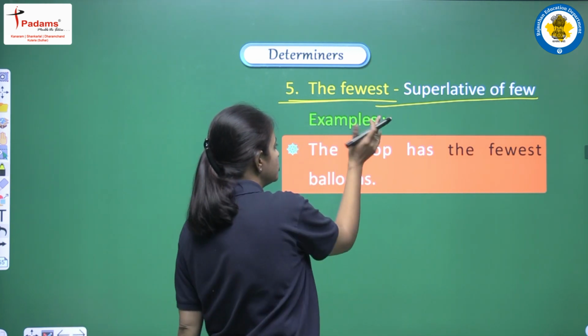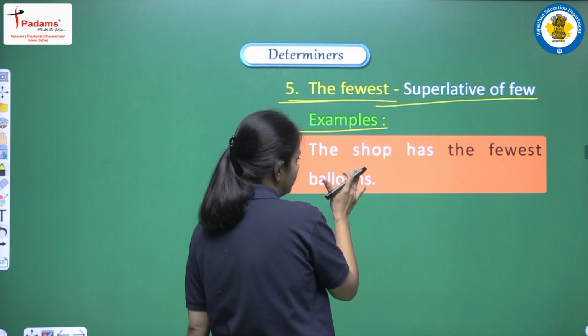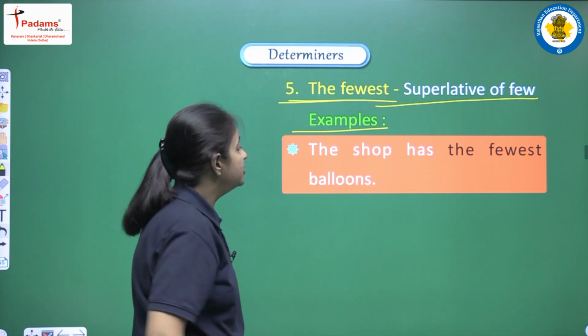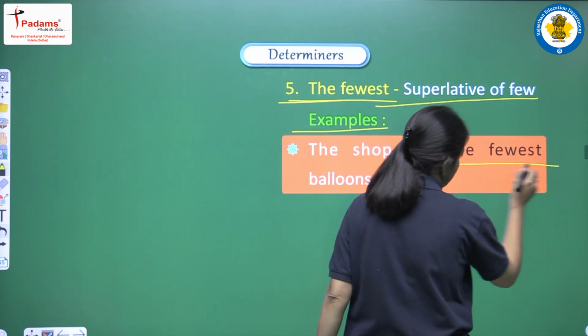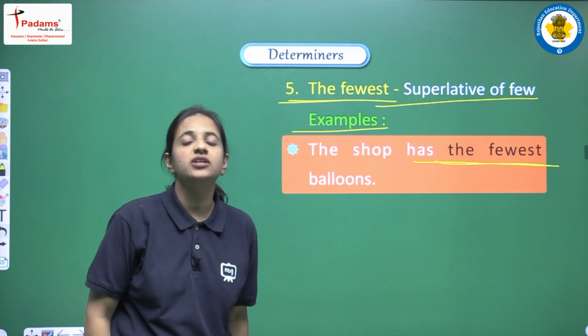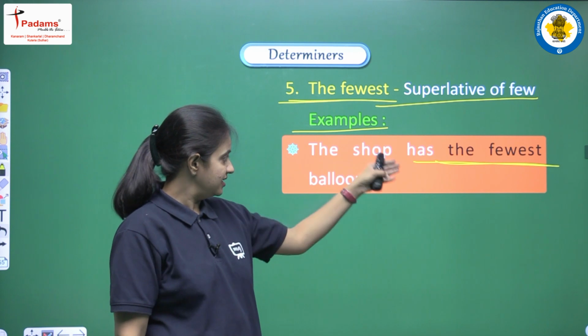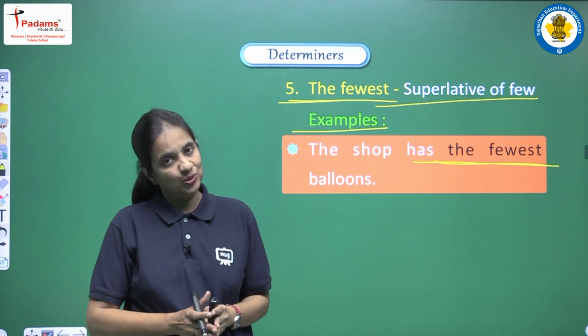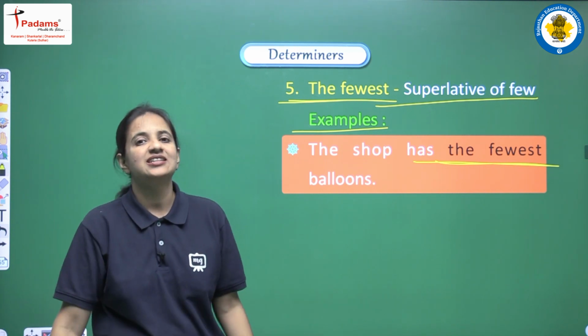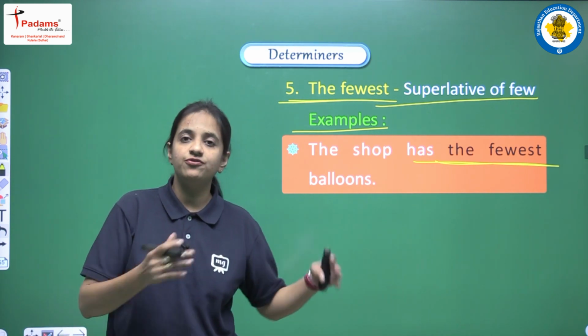So let's see the example. We are having the sentence, the shop has the fewest balloons. So we are using the superlative degree of few, the fewest, and the sentence is that this shop is having the fewest balloons. Okay, so these are the 5 determiners of the few family.